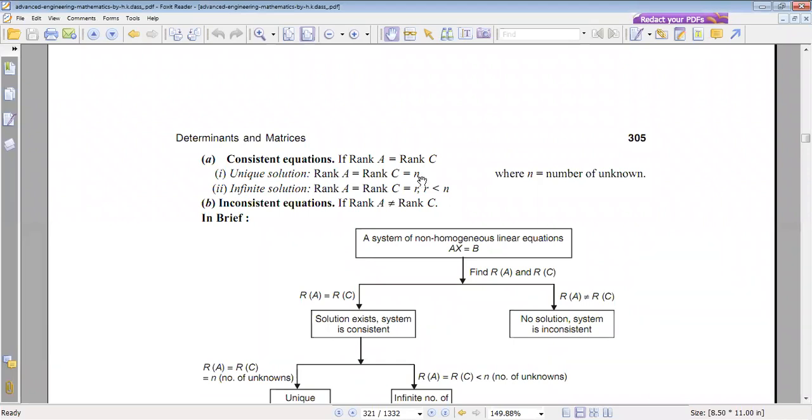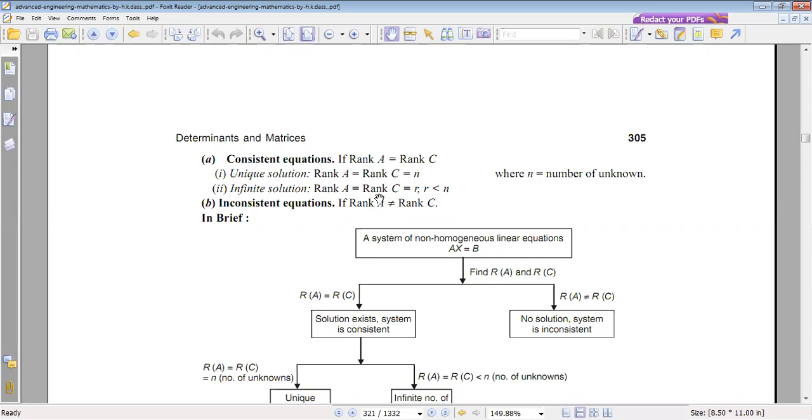Then the system has a unique solution. Clear? And when is it an infinite solution? If rank of A equals rank of C equals some value which is less than n, then the system has an infinite number of solutions.